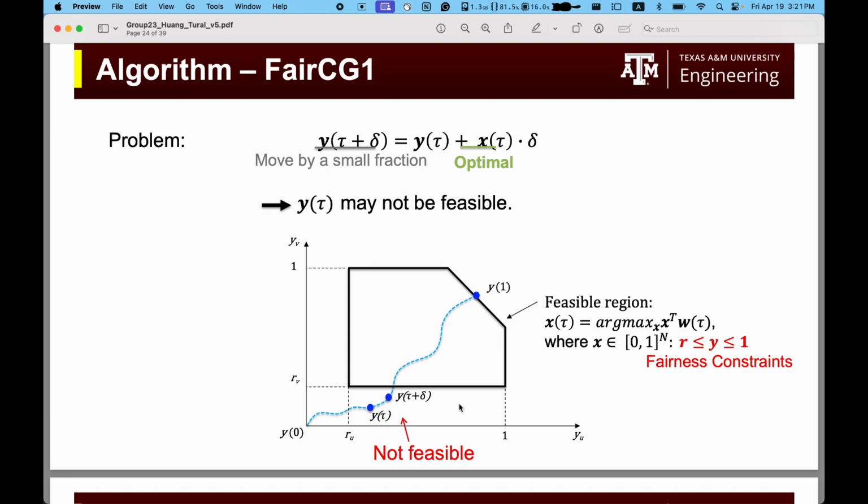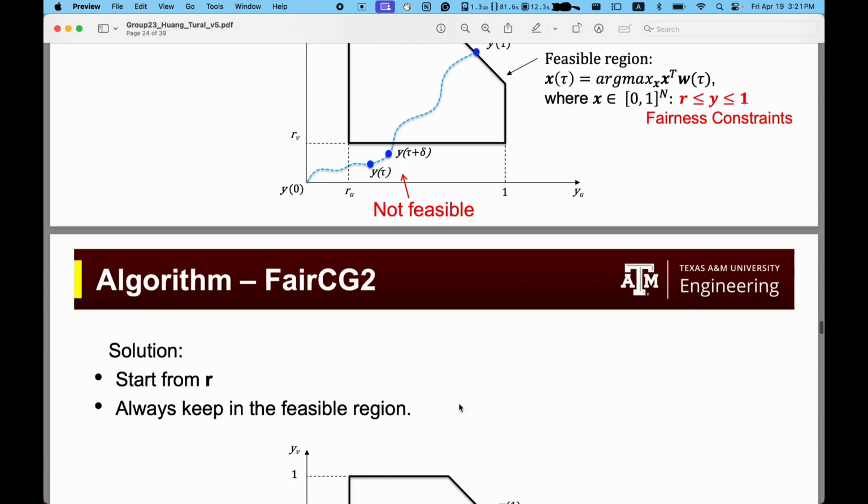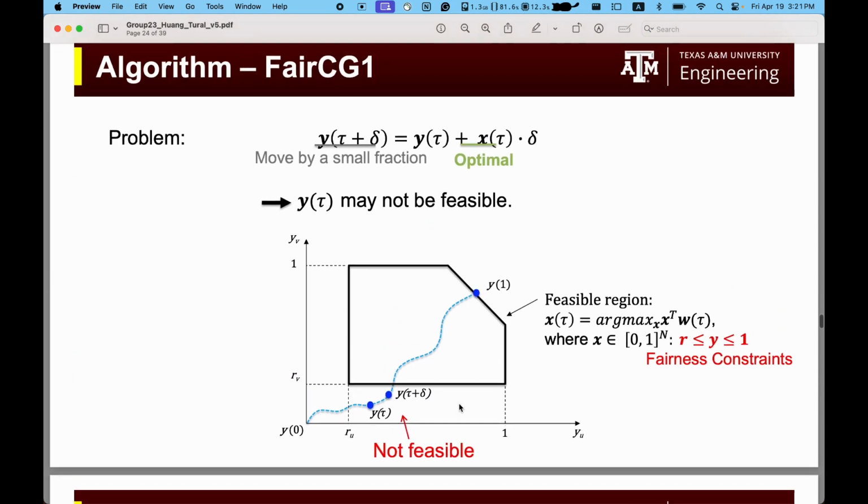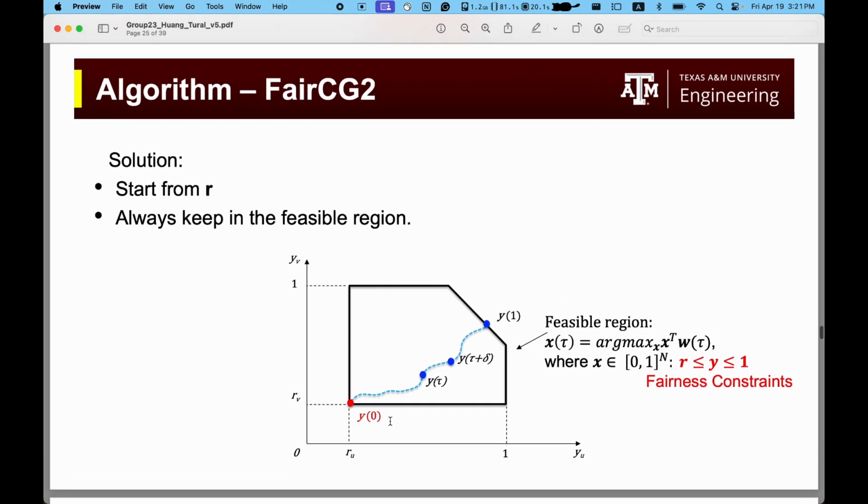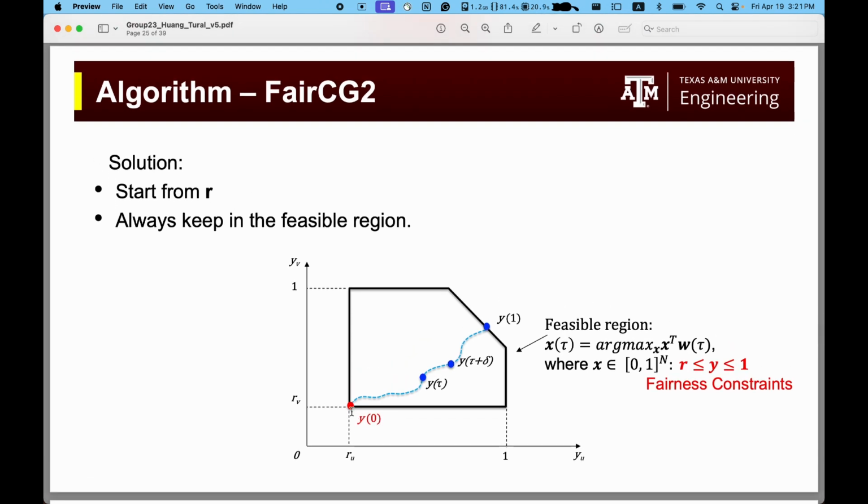To solve this problem, the authors proposed another algorithm, in which we do not initialize the sequence from 0. Instead, we initialize the data to the minimum value of the fairness constraint. By doing so, all the data along the path are in the feasible region.